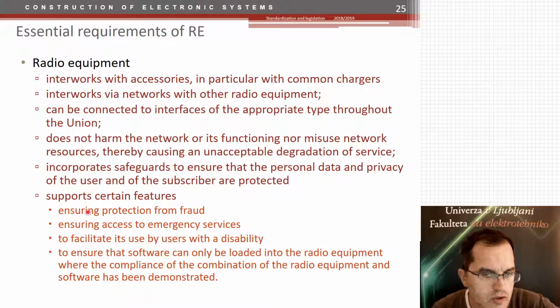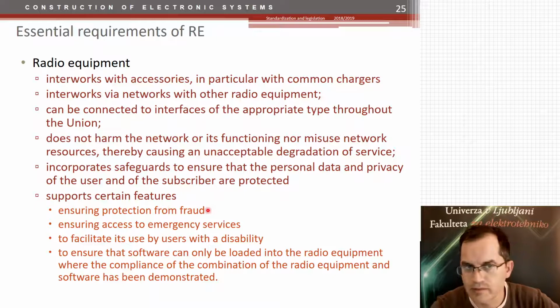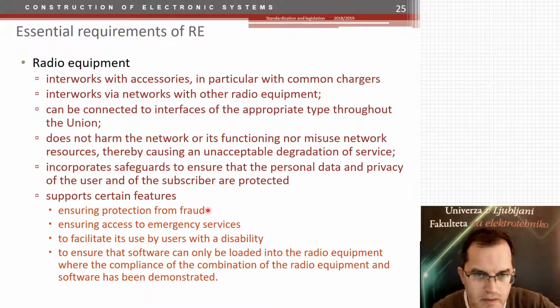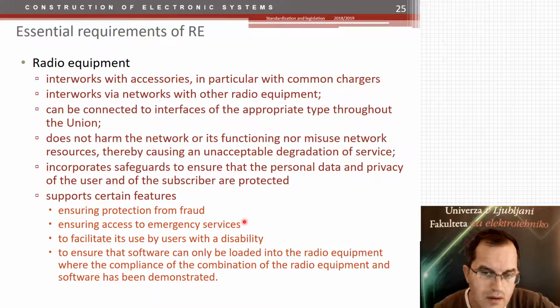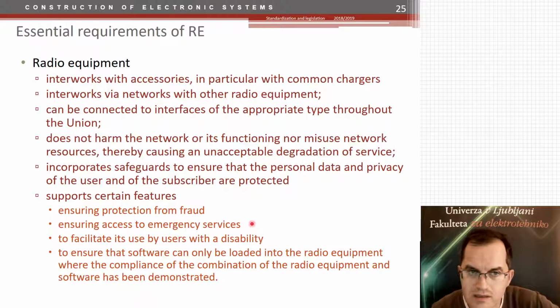It should also ensure protection from fraud, let's say fingerprints, PIN codes and stuff. Emergency services should be accessible. You should call police even if the phone is locked, right?